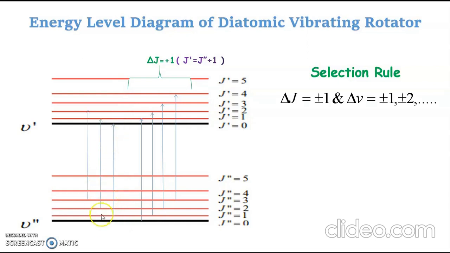Also 2 to 1, 3 to 2, 4 to 3, etc. And that will make delta J equal to minus 1, and the expression will be J prime is equal to J double prime minus 1. This many transitions are possible for a diatomic rotating vibrator, and then we can elucidate the spectrum.